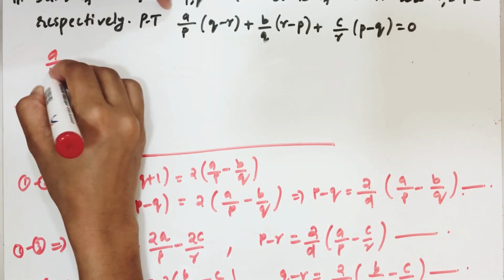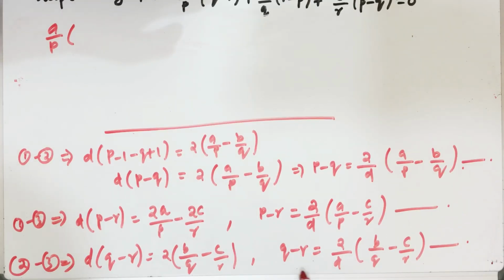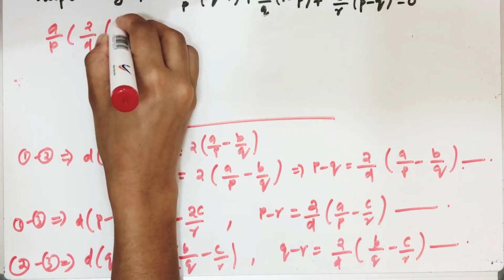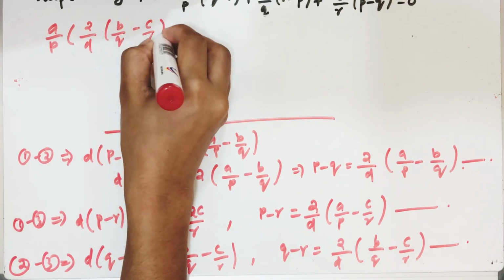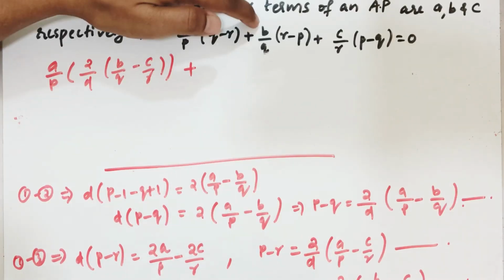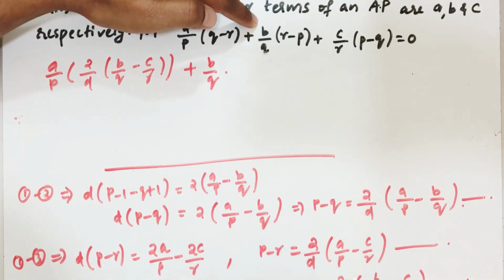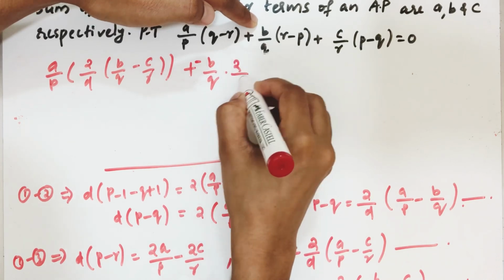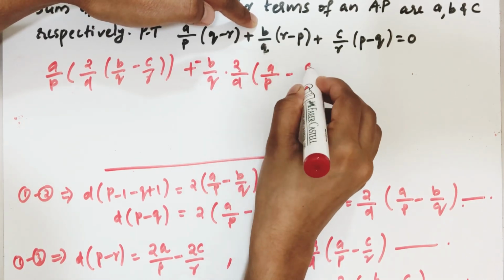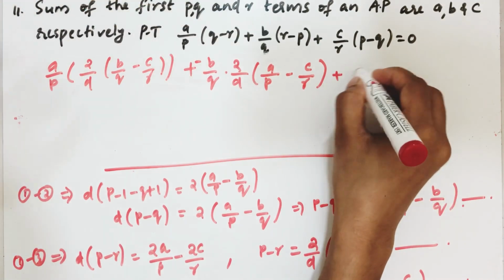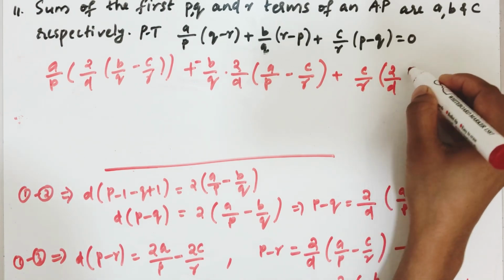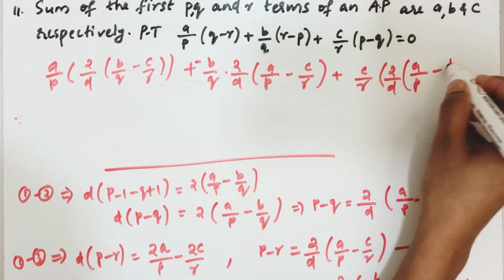Now A by P into, instead of Q minus R, we can write 2 by D into B by Q minus C by R. Plus B by Q into, instead of R minus P, we can write, this is P minus R, minus of R minus P, minus 2 by D into A by P minus C by R. Plus C by R into, instead of P minus Q, we can write 2 by D into A by P minus B by Q.